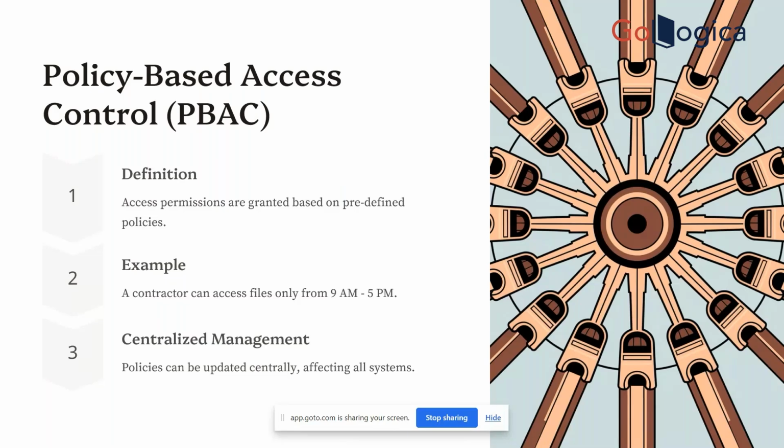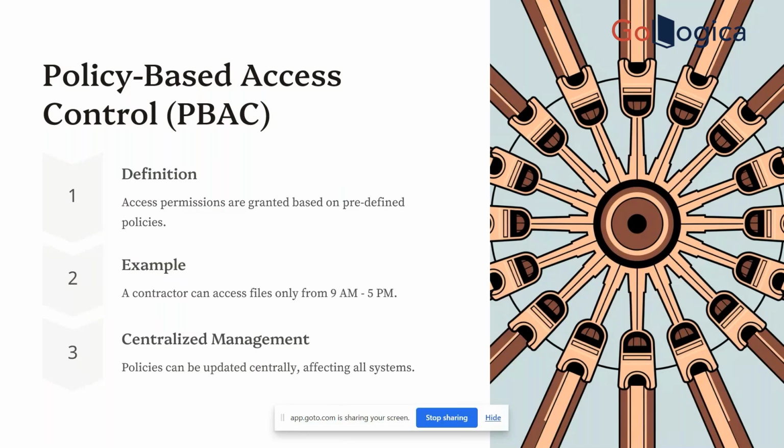Like a contractor can access files only from 9 to 5 p.m. So there should be a policy already written there: you can access files between 9 to 5 p.m. So who can access files between 9 to 5 p.m.? Only the contractor.